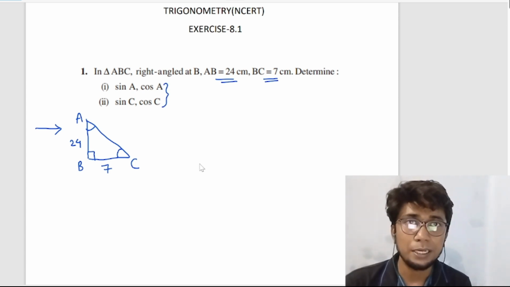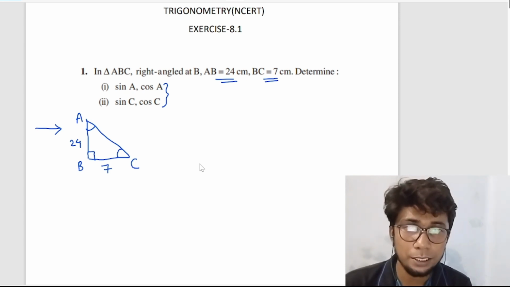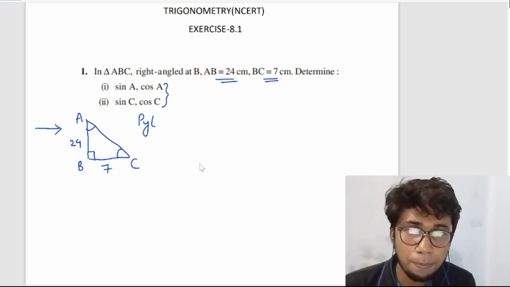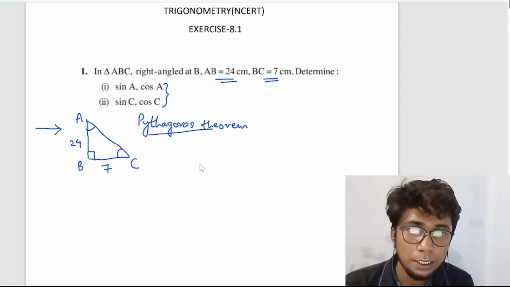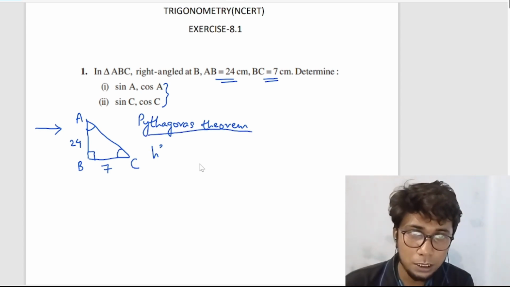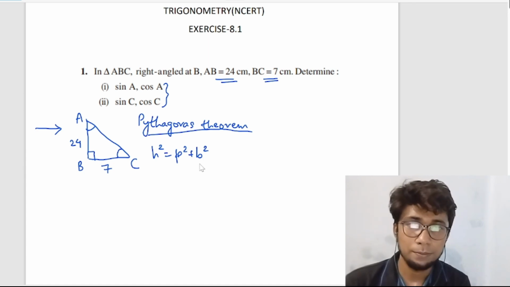So can we use Pythagoras theorem in this triangle ABC? Of course we can, right? So what is Pythagoras theorem? Pythagoras theorem states that in any right angled triangle, hypotenuse square is equal to perpendicular square plus base square, right?